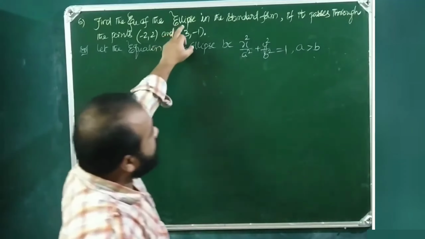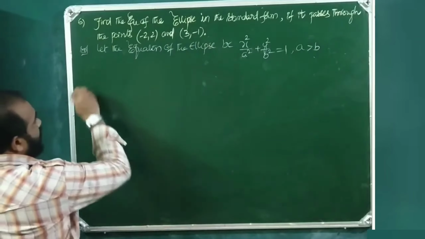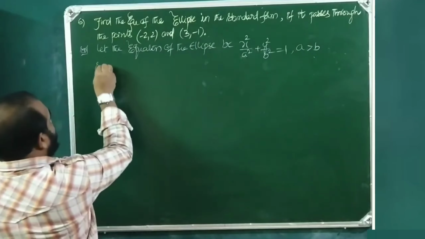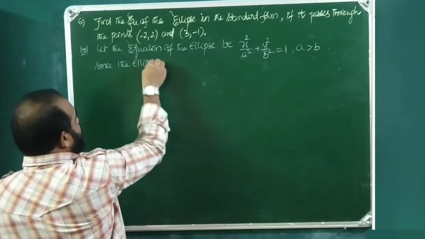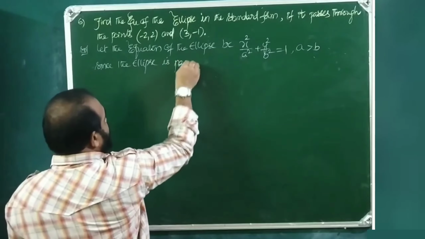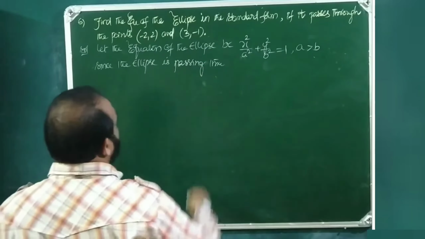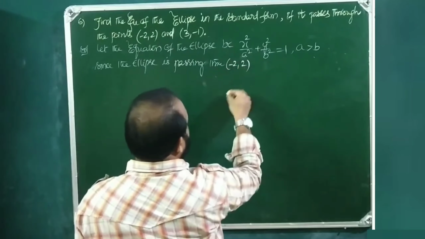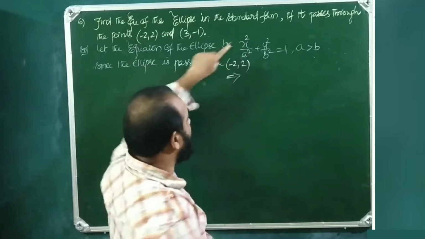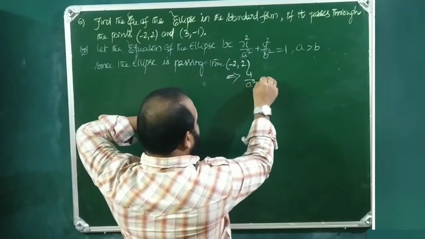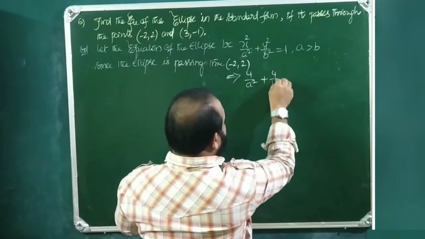So the ellipse is passing through the point minus 2 comma 2. This implies minus 2 whole square is 4, 4 by a square plus 2 whole square, 4 by b square equals to 1.